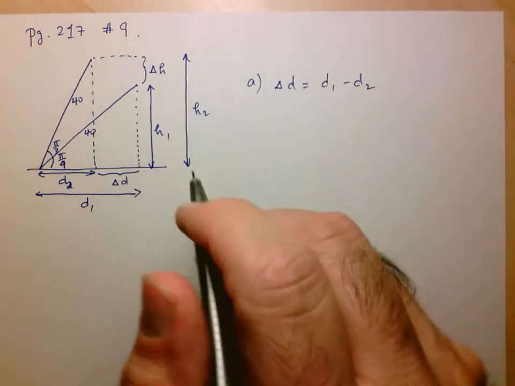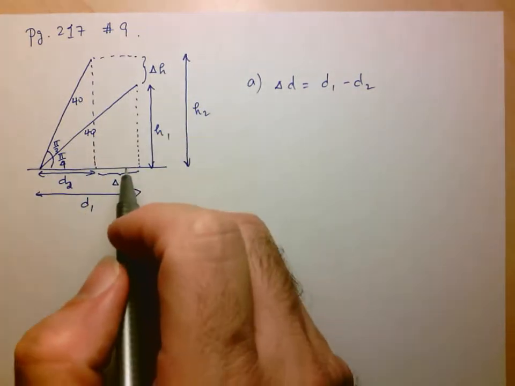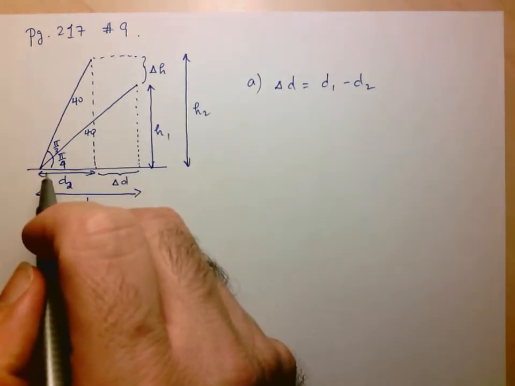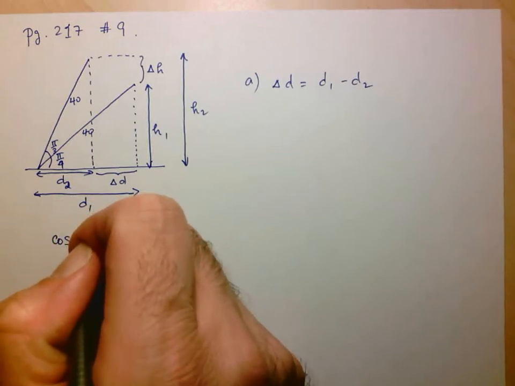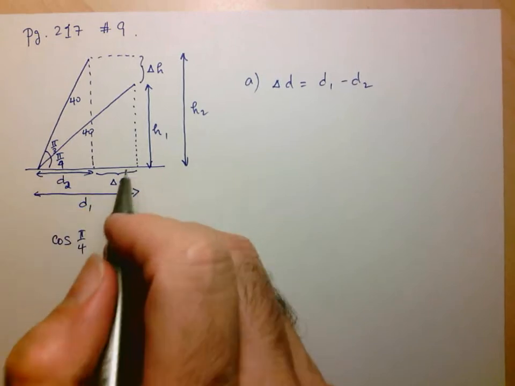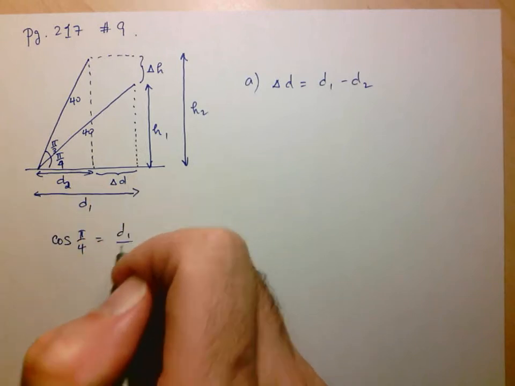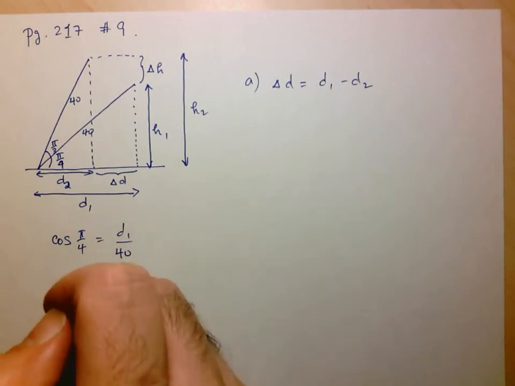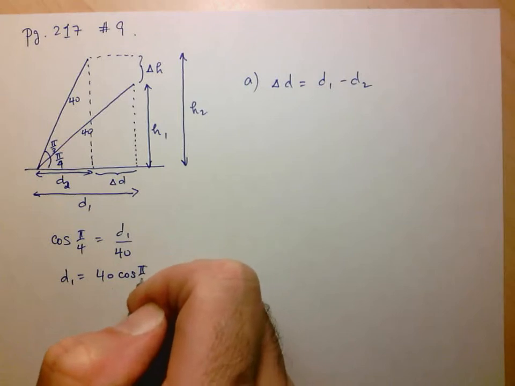Now for D1, that's just the base of this pi over 4 right angle triangle. So we have cos of pi over 4, since it's the adjacent side, is equal to that adjacent side D1 over 40, which is the hypotenuse. So that can be written as 40 cos pi over 4.